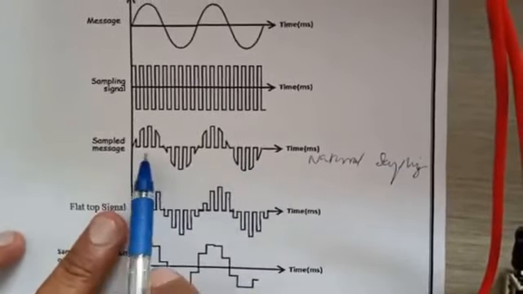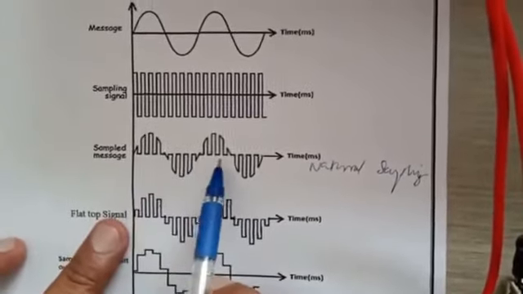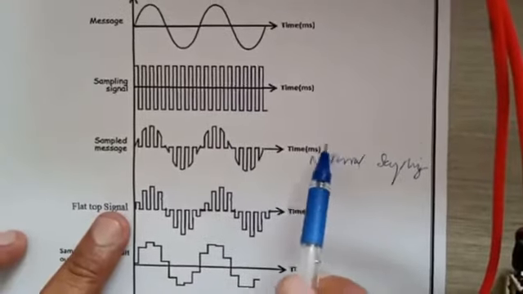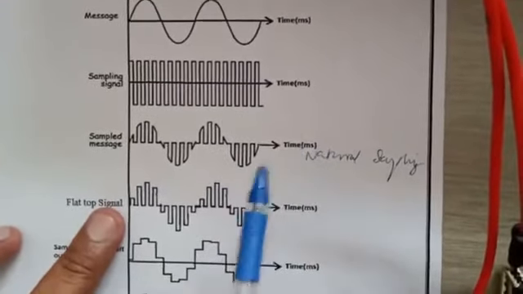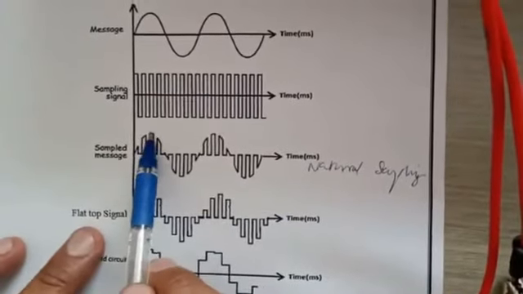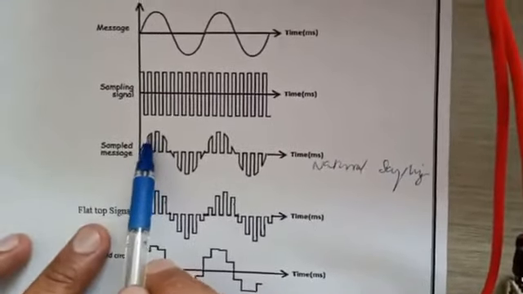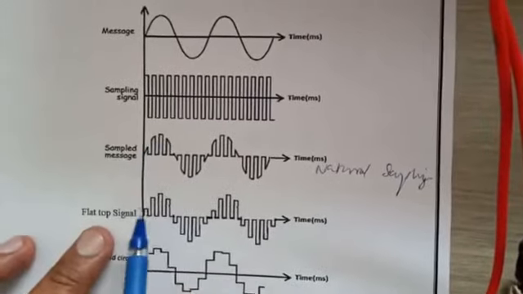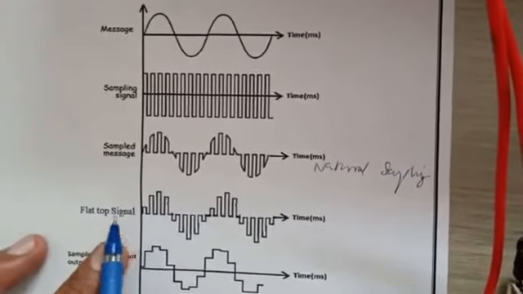If you apply natural sampling for further operations, the circuit design will be complex. To simplify the circuit design, we need to convert the varying top portion of the pulse into a flat top. That is flat top sampling.